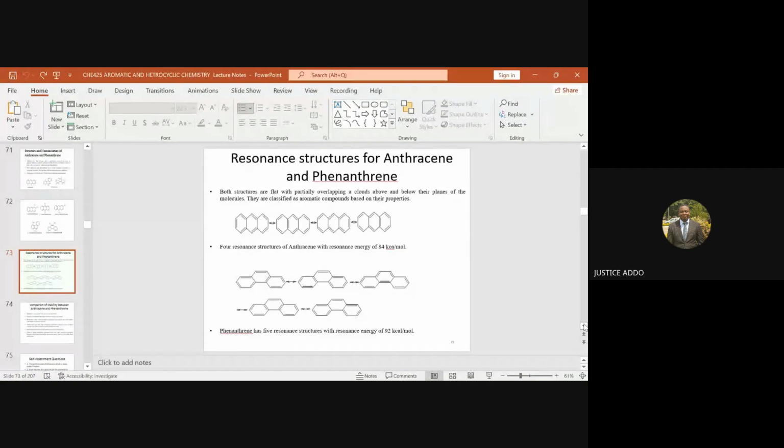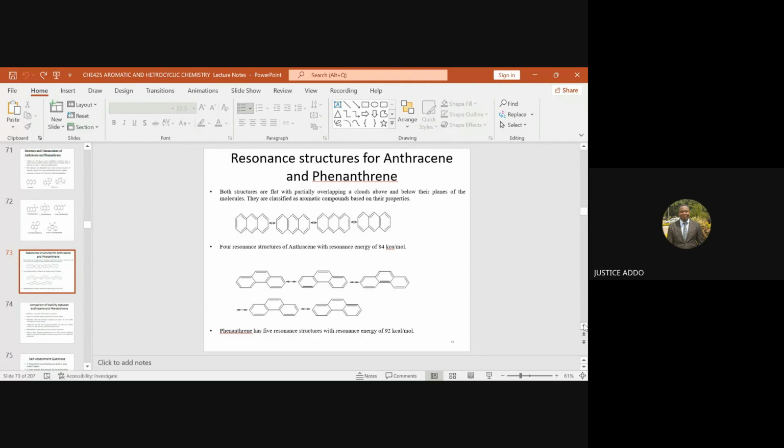We said it has two canonical forms, two resonance structures, right? A hybrid of the two is what we call the resonance hybrid structure. So anthracene and phenanthrene can also show different canonical forms, different resonance structures.